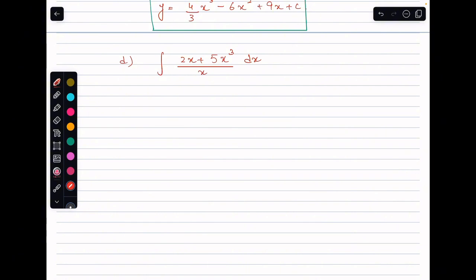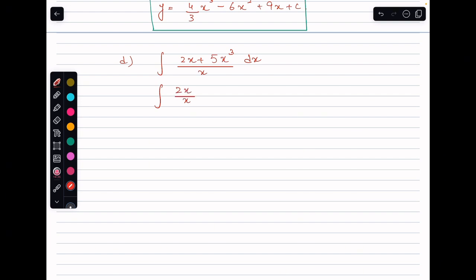So now if the question says find the integral of (2x + 5x³)/x dx, the first thing that we shall be doing here is to have separate terms with respect to x.